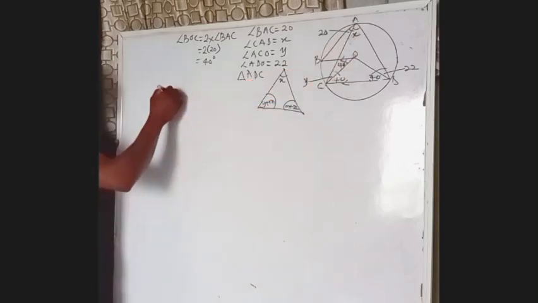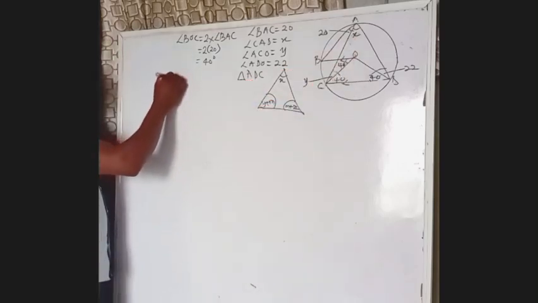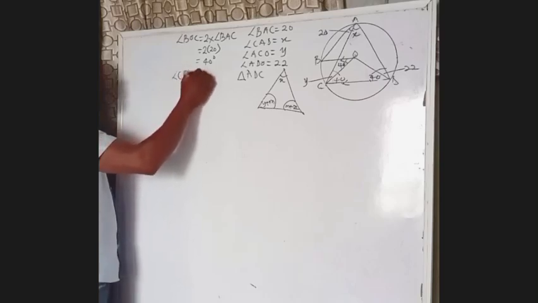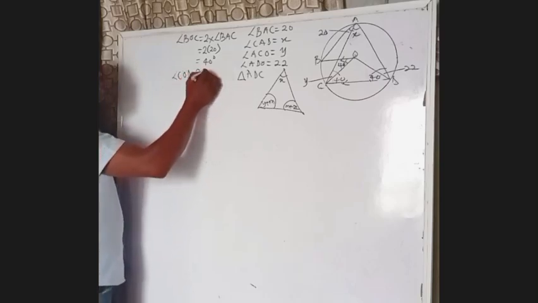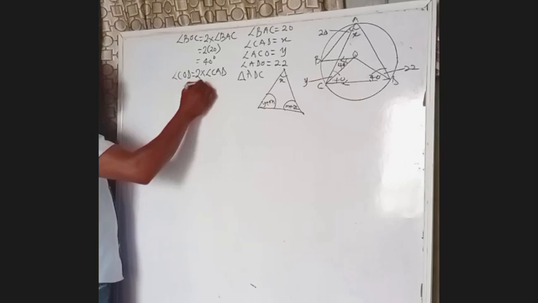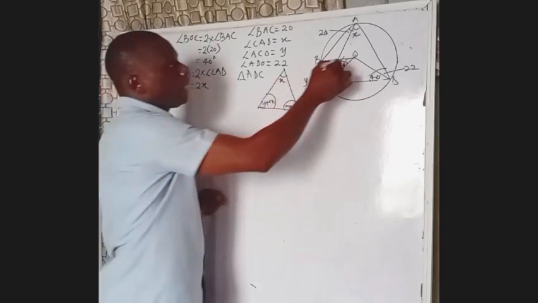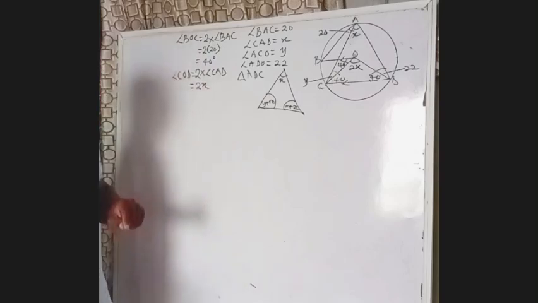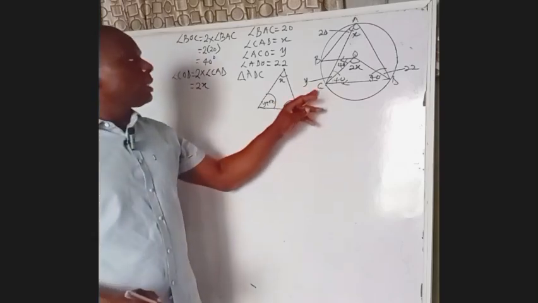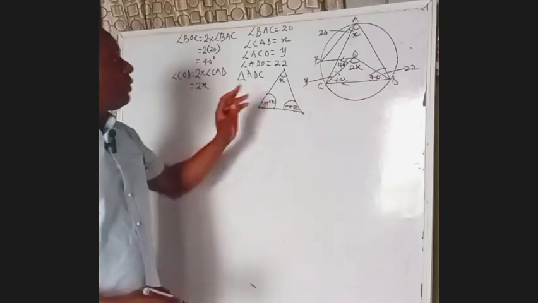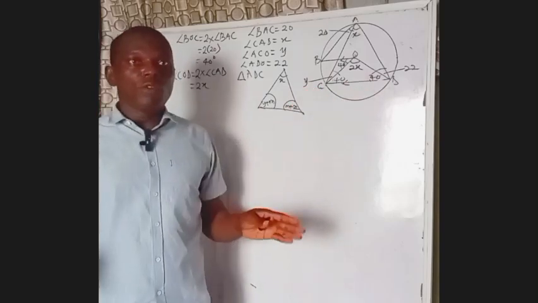So angle COD is 2 times angle CAD, which gives us 2x. So this particular angle is 2x. First of all, we must use triangle OCD to obtain the value of x. That's the only way we can move forward here.